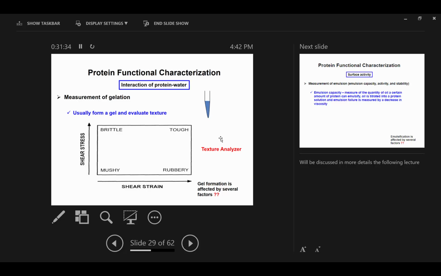You form a gel, but here instead of flipping the tube and measuring the water dripping out, you take the gel out of that tube, you release it from the tube, and then you use a texture analyzer, which you will be using, to determine the force needed to break that gel. So the higher the force needed to break the gel, the higher is the strength of the gel. Then you can compare different gels from different proteins that way.